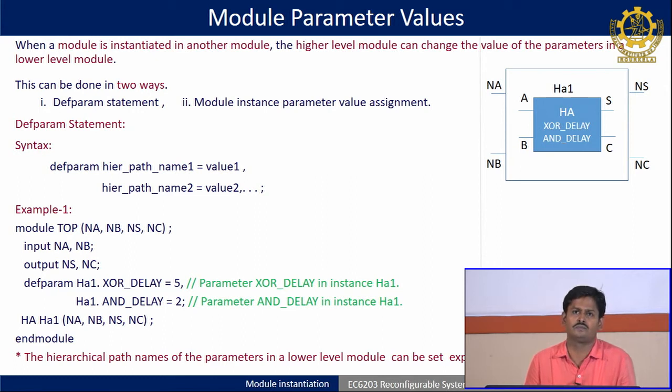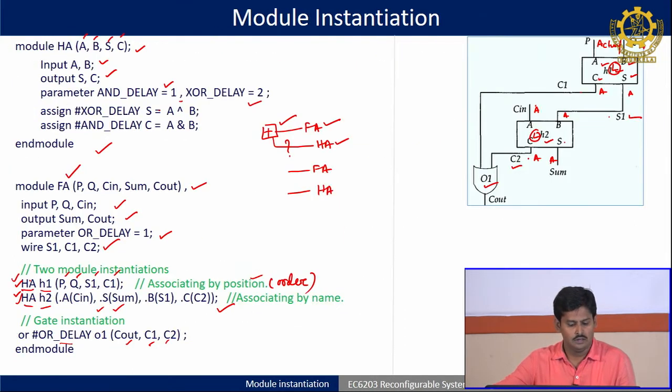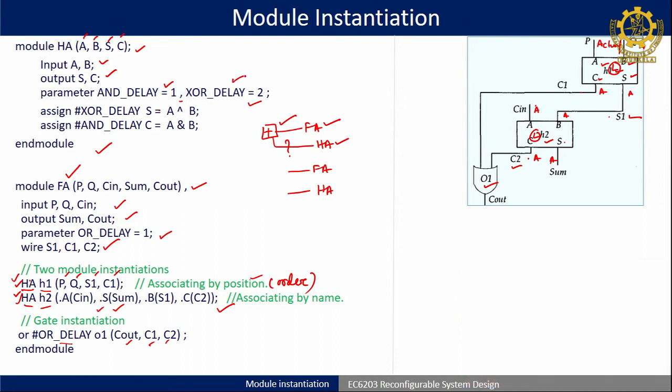So, we saw in one example that the half adder contains 2 parameters, AND and XOR. Okay. Now, in the full adder I have one parameter called OR, understood. First, the half adder has 2 parameters, second, the full adder has 1 parameter OR.